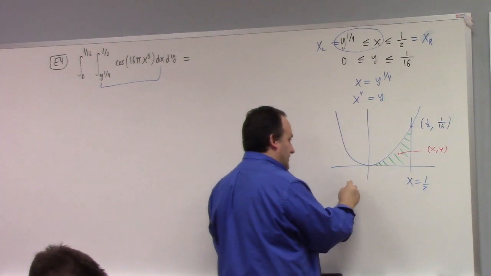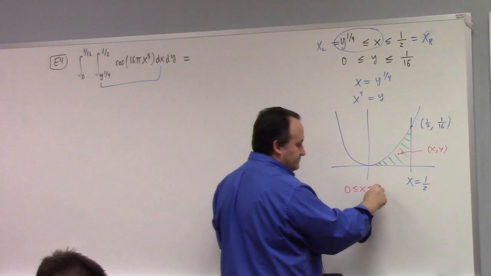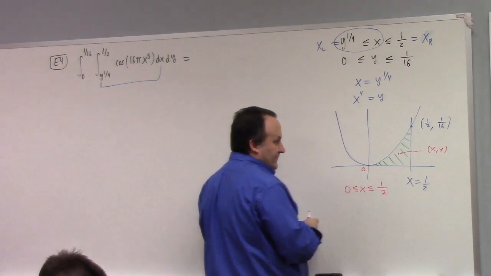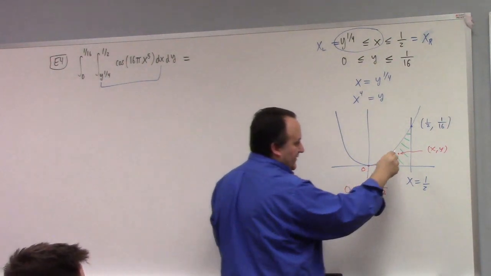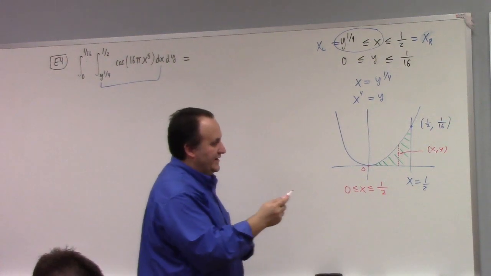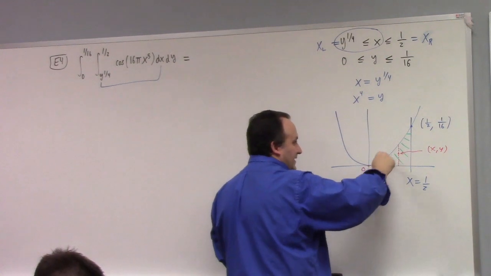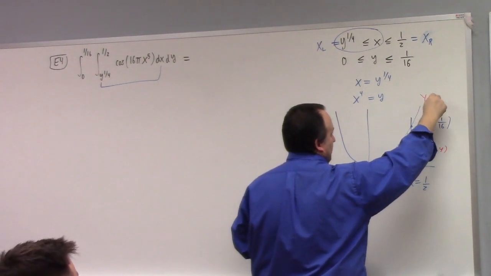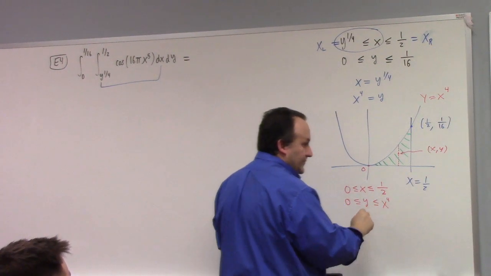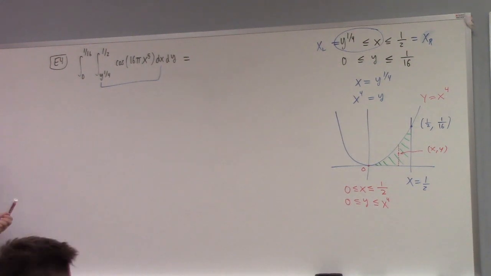First with x, let's say 0 less than or equal to x less than or equal to what? 1/2, right? So this is 0, that's 1/2. And how about the y? If I look at the y, if I make this little line like that, what can I see? I can see 0 is less than or equal to y is less than or equal to what? What's the top? The top one is y equals x to the 4th, right? So x to the 4th is my upper bound. This, what I just wrote in red, is a type 1 description of this integral.